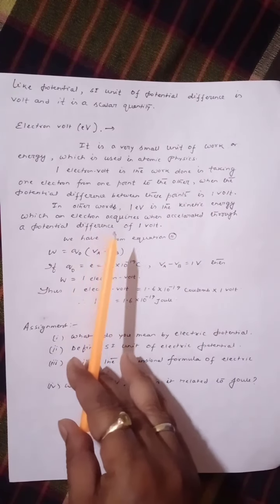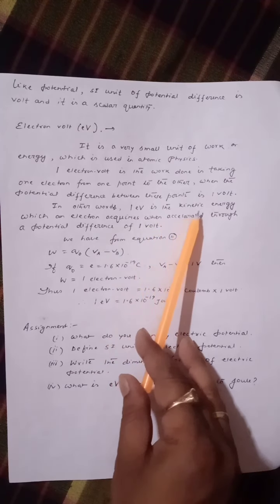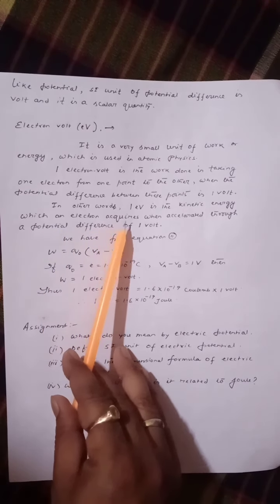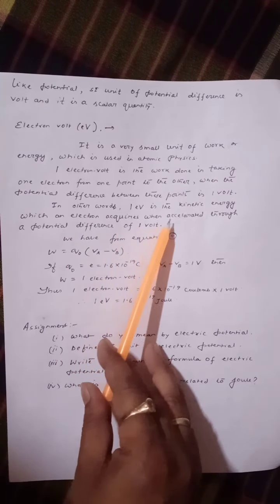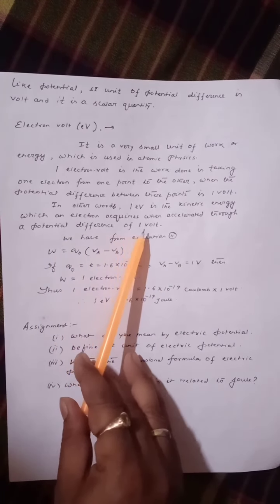In other words, 1 electron volt is the kinetic energy which an electron acquires when accelerated through a potential difference of 1 volt.